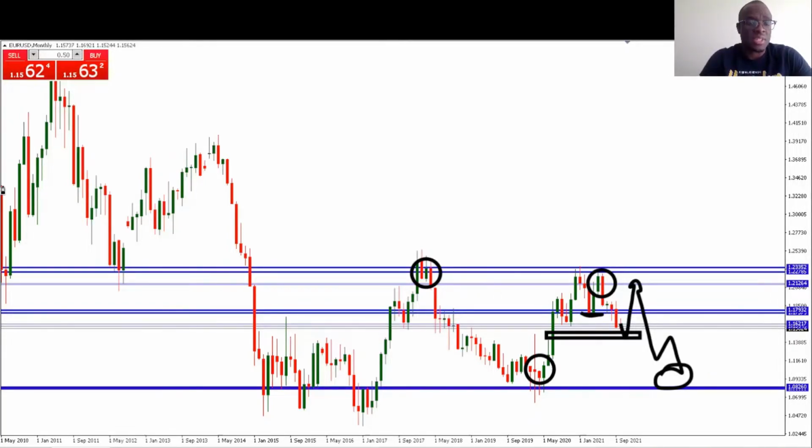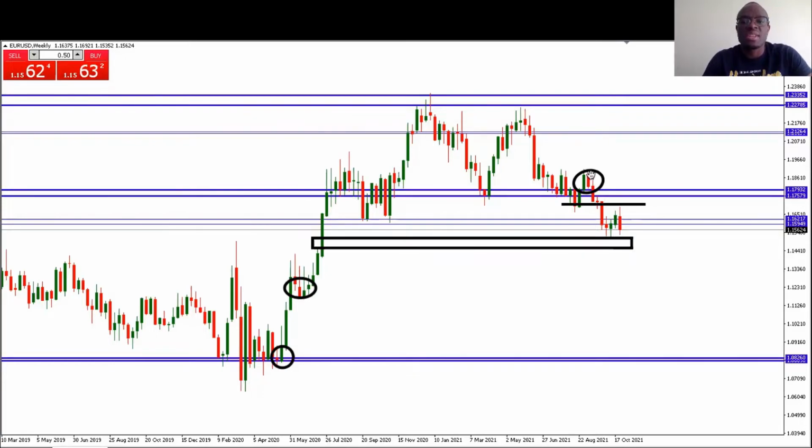Now I'll move on to the weekly chart. On the weekly chart, I have these structures. First I have this order block, then the second order block here, and also the third order block. I also have this structural low that was broken here, and we can see the price is retesting it again, as well as the market inefficiency that's remaining here. So what am I expecting in the coming week in terms of the bearish move?